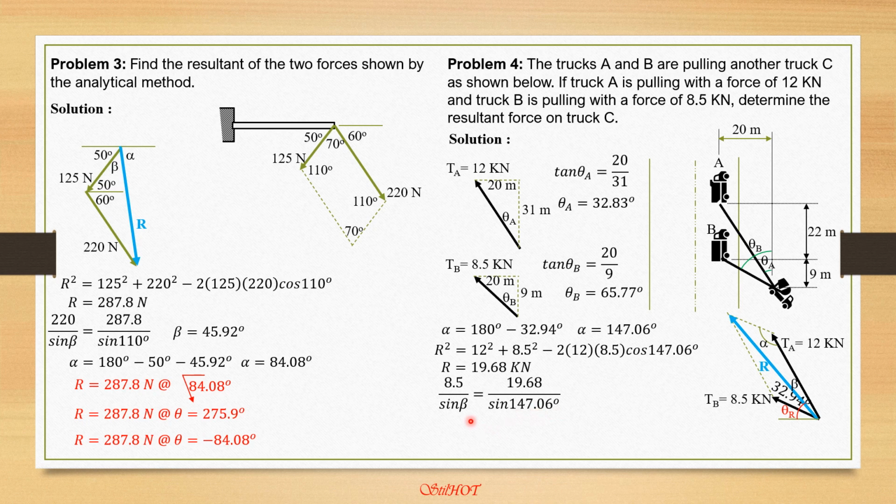So beta is arcsine of the quantity 8.5 sine 147.06 divided by 19.68. So beta is 13.58 degrees.